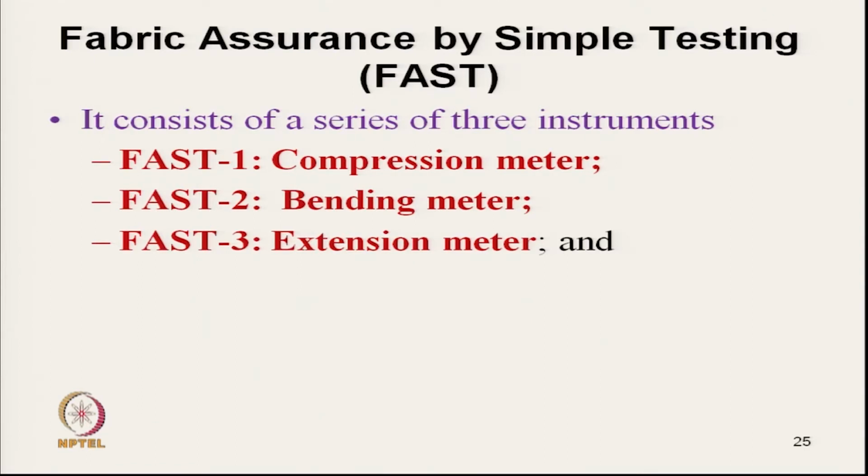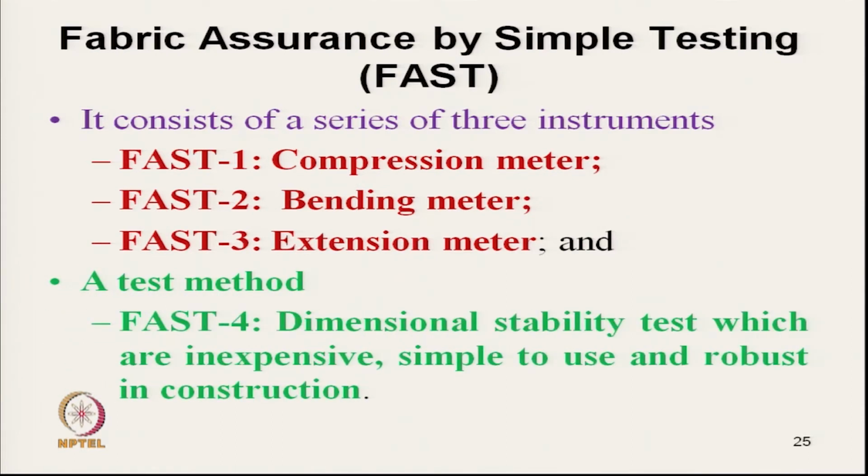In addition to these 3, we have a test method called FAST 4, which is not an instrument, just a test method where we measure the dimensional stability. These methods are basically inexpensive and serve only as guidelines, from where we can measure dimensional stability, hygral expansion, and relaxation shrinkage.